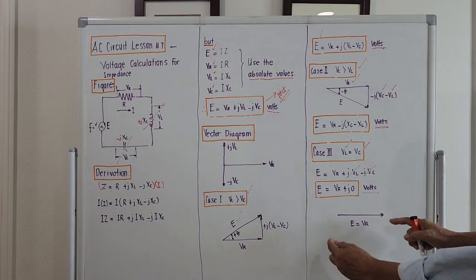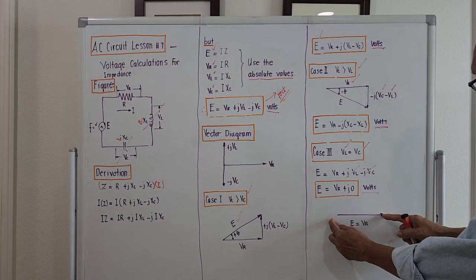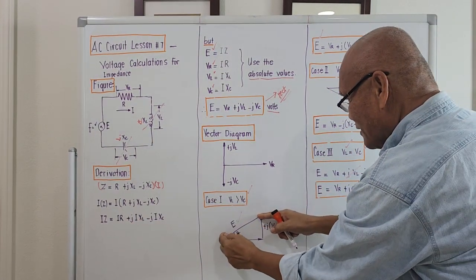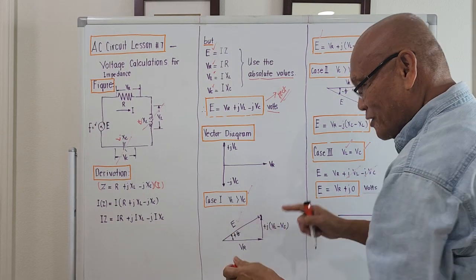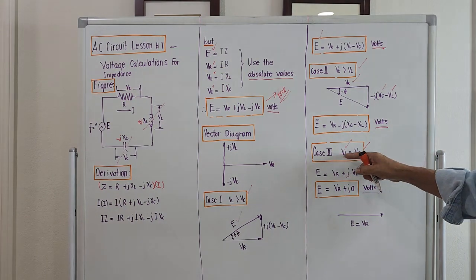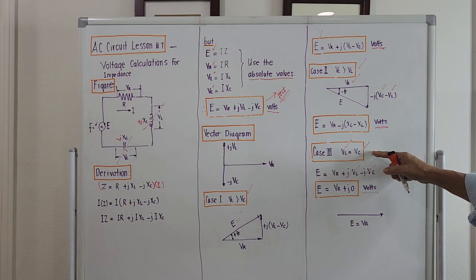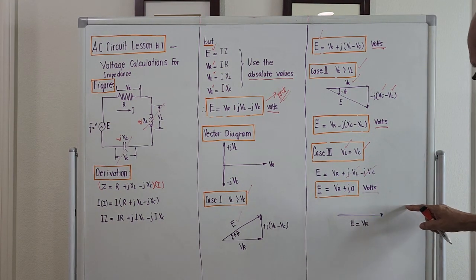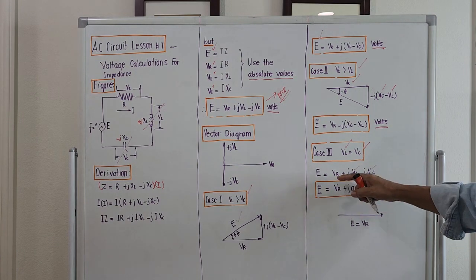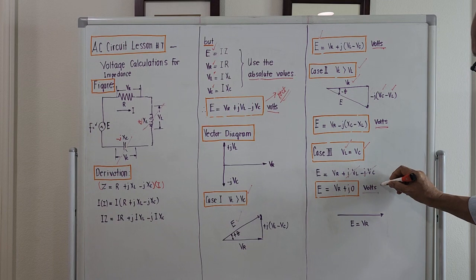This horizontal part is less than this and also less than this. So our system is actually very efficient. That is so when V sub L is equal to V sub C. This is the vector diagram of the voltage equation E equal to V sub R plus j0 volts.